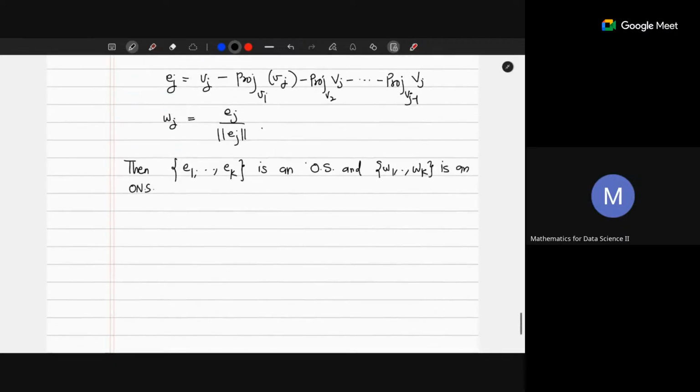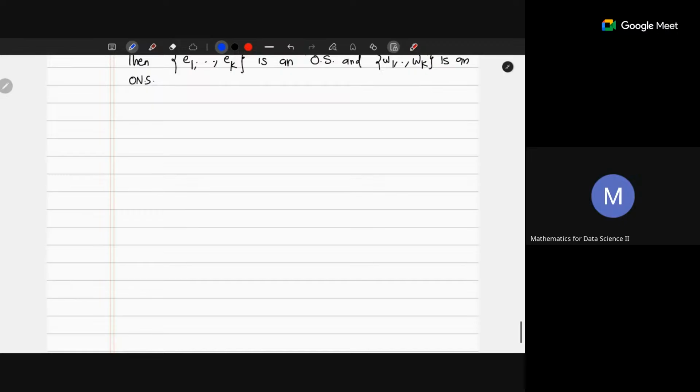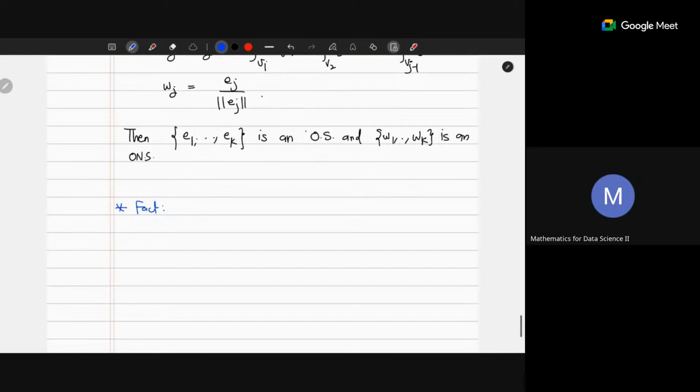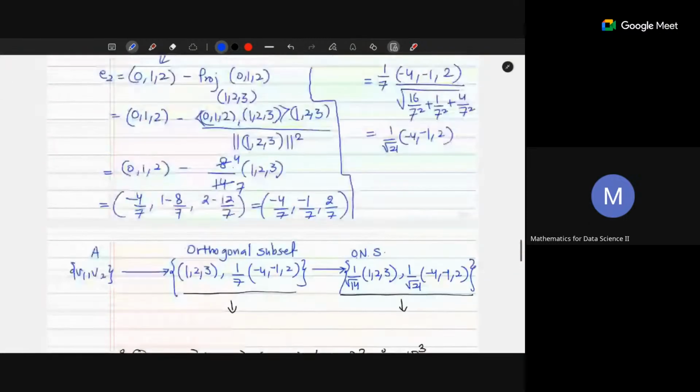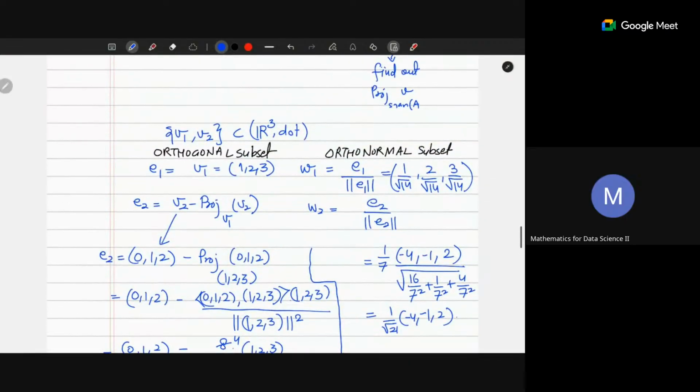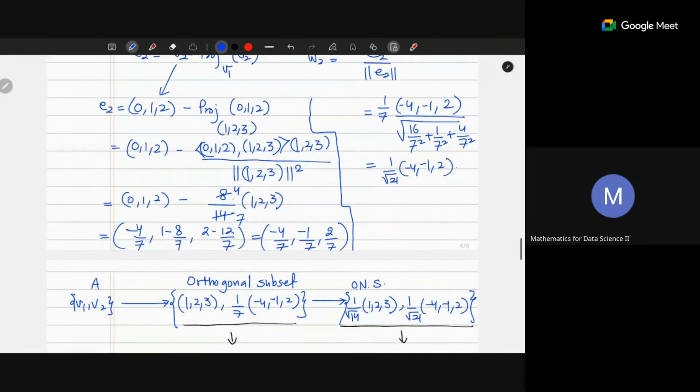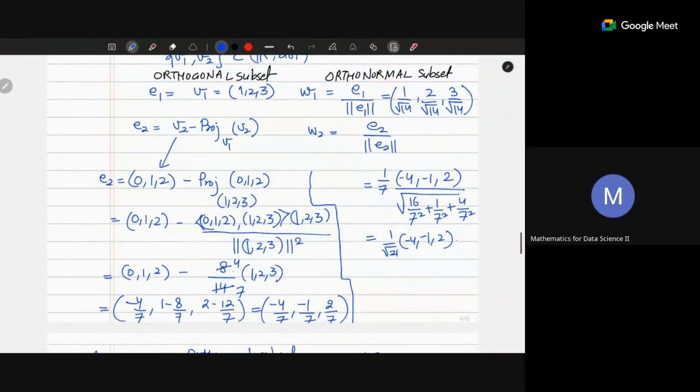All right. So now let me state a few facts which are clearly visible. Because you have noticed the way I have obtained E2 or E1. So E1 is just V1 itself. E2 is a linear combination of V2 and V1, because the projection of V2 is in the direction of V1.